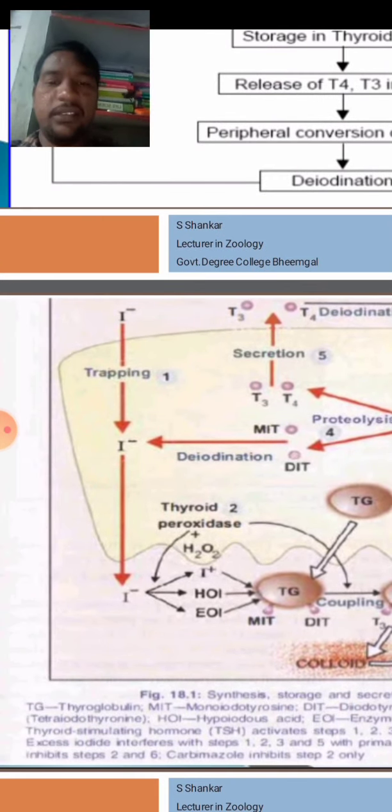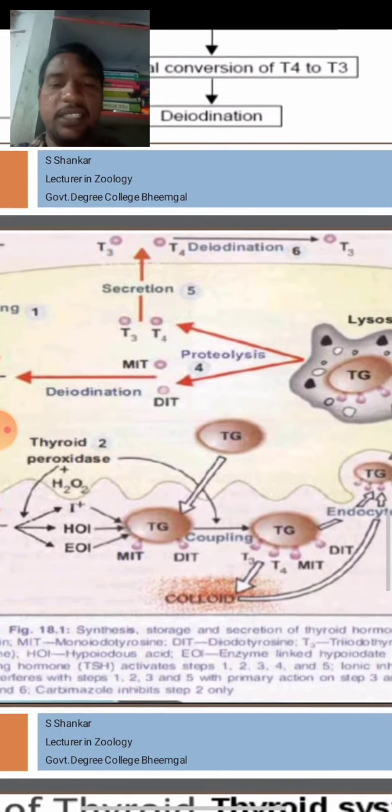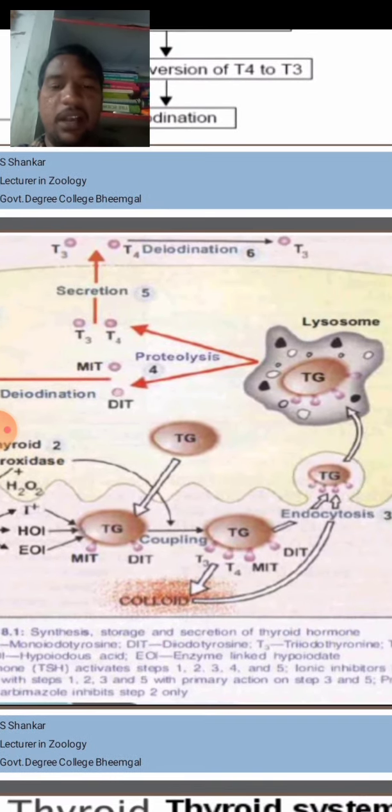First is trapping, second is thyroperoxidase, third is coupling.